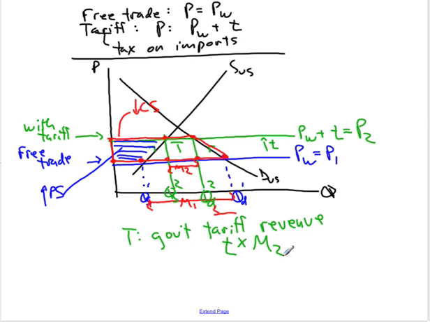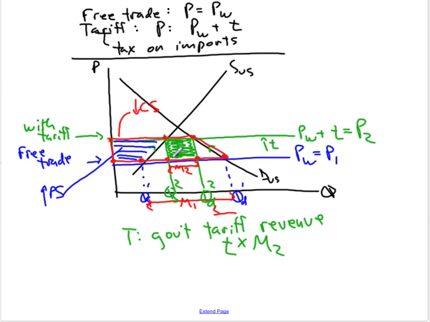Little t is the height of that box, and the width of that box is M2, the amount of imports. M2 units are imported, and every time someone imports one, they have to pay the tariff, little t on it. So the green box is tariff revenue going to the government.